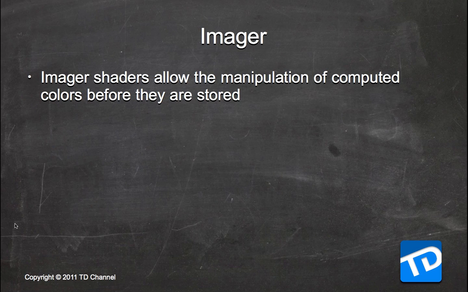And at this point, you have this one last shader that's called the imager shader, and it will allow you to intercept the output. So with an imager shader, you could do something like desaturate everything. Think of it like a post-process on the render. You could desaturate colors, do color shifts. I did one some time ago that had this old picture effect, so it would look like those pictures from, I don't know, the wild 1800s.